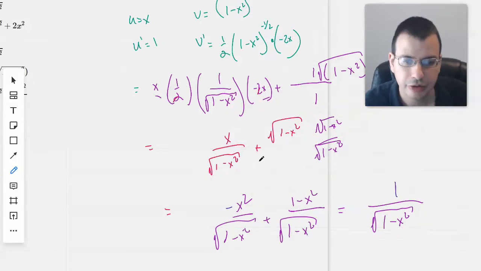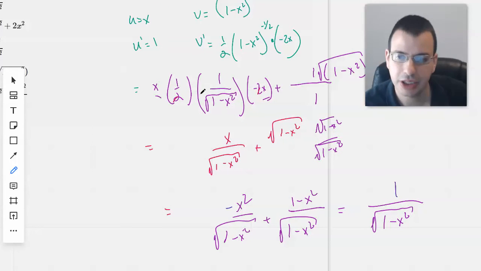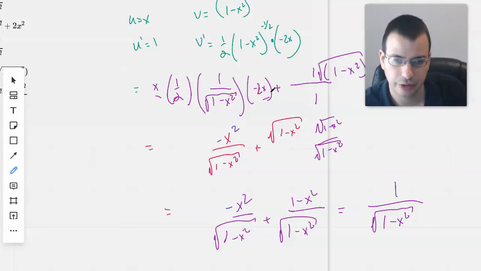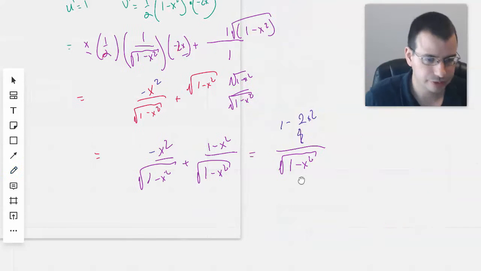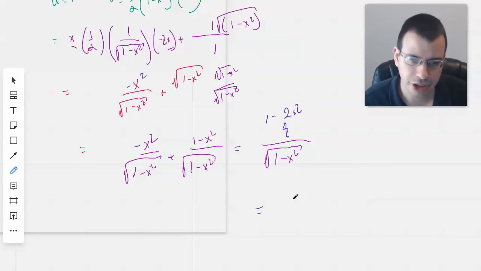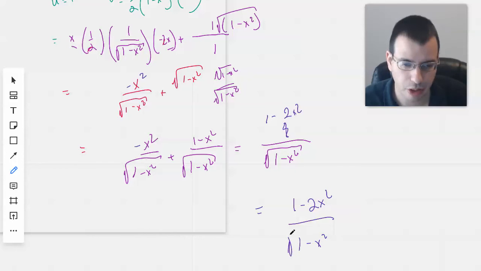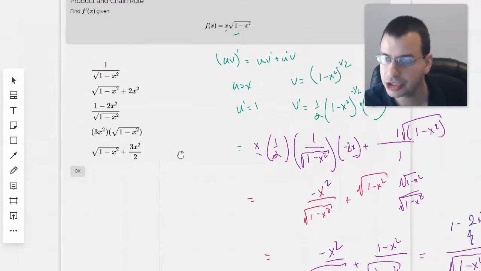Okay, so going back, this should be negative x squared. And so we have negative x squared plus 1 minus x squared, which is 1 minus 2x squared. Such silliness, so many unnecessary mistakes, unforced errors, as you would say in baseball. So we have 1 minus 2x squared over the square root of the quantity 1 minus x squared.